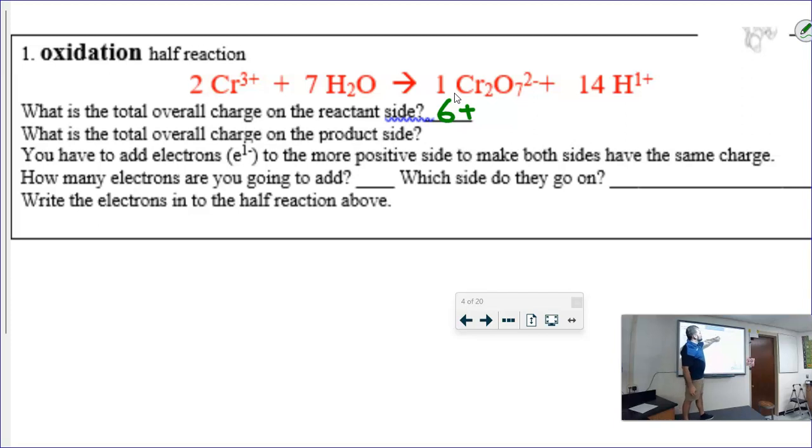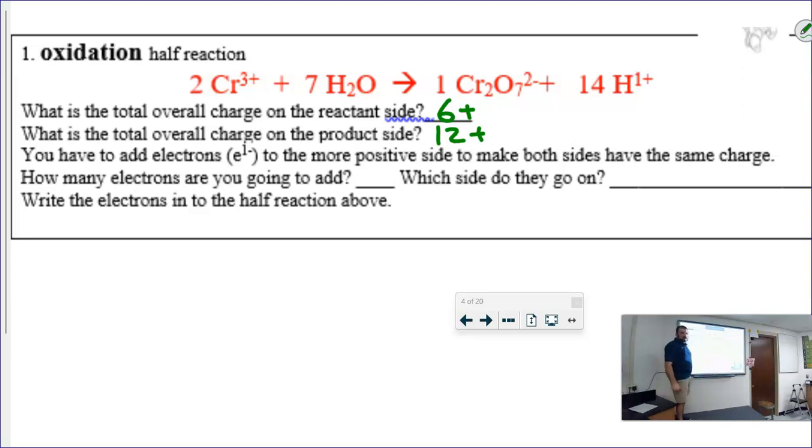The big numbers out front are telling you how many of that type you have. So yes, this is a 2-, yes, this is a 1+, but I have 14 of those 1+. So if I do the math there, I should have 14 positive minus the 2 from the dichromate for a grand total of 12 positive on that side of my chemical reaction.